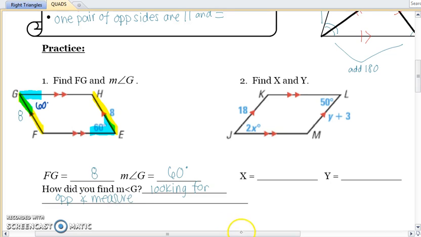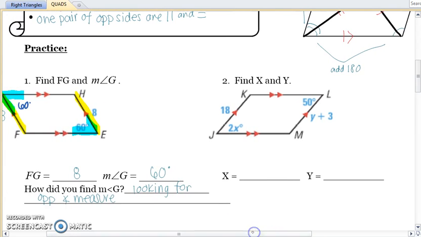Okay. Let's take a look at this one. Now, we are asked to find x and y. We can just make some conclusions and set up an equation in order to solve for those angle measures, or side measures, I think, in this case. So here I like to just deal with my sides first.